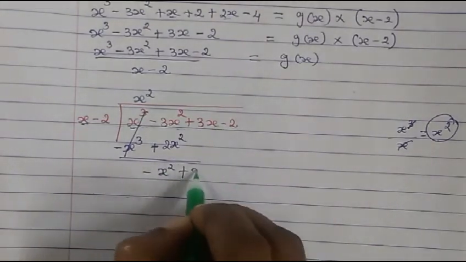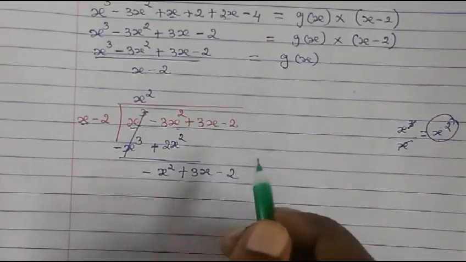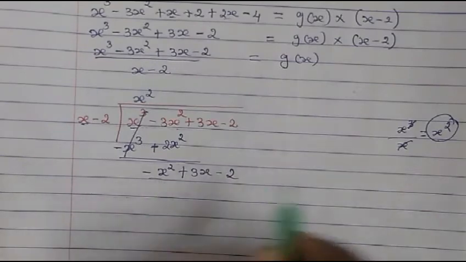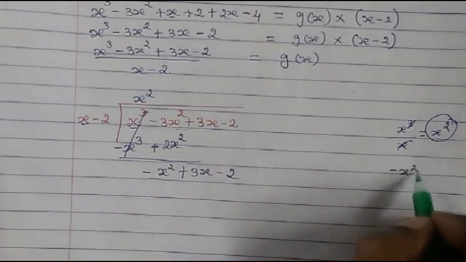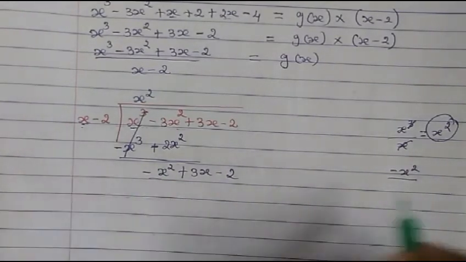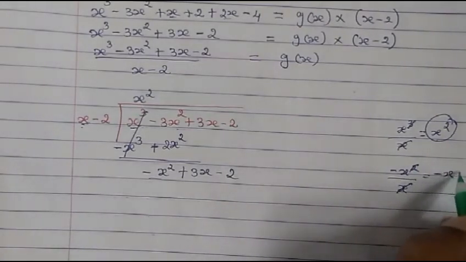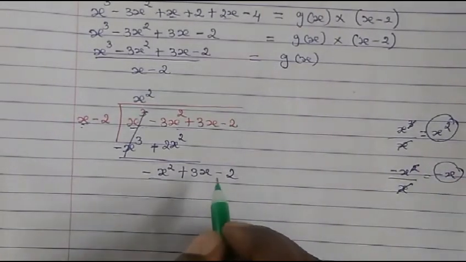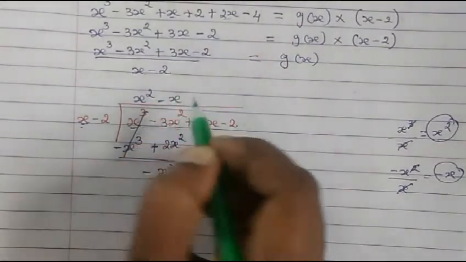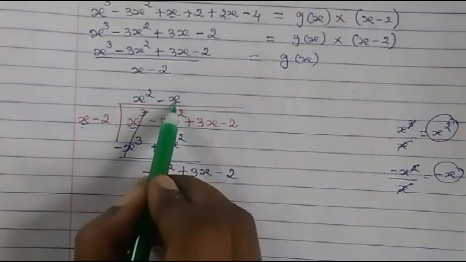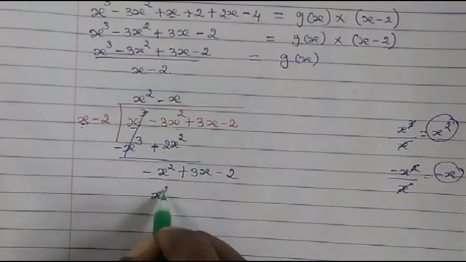Then bring down the other values. So do the same procedure. We'll take the first term, that is minus x square, divide by the x. So x will get cancelled. We are left with minus x. So write down minus x. Now x into x will give us x square.